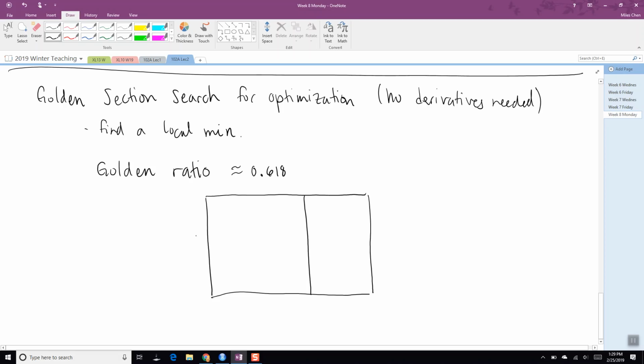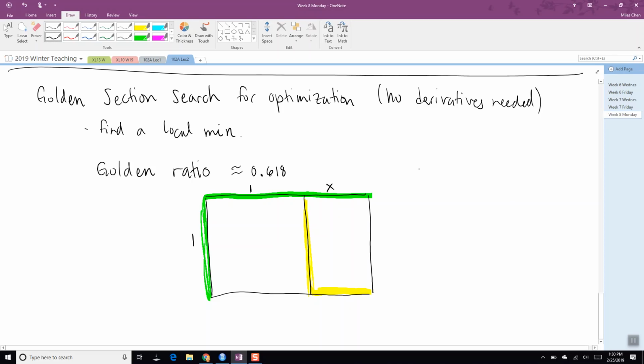And the idea here is that if this side of the square is 1 and this side of the square is 1, and we add x, so this side of the rectangle is 1 plus x, then what happens is that the ratio between the short end and the long end of this rectangle is exactly equal to the ratio between the short end and the long end of this rectangle. Okay?